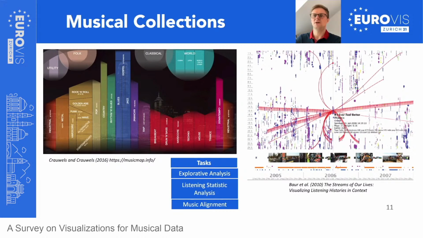The projects we found for this kind of data were specialized in giving users means for explorative analysis, access to listening statistics and their analysis, as well as music alignment. On the left side, for example, we see a hierarchical and zoomable map of the variety of musical genres.